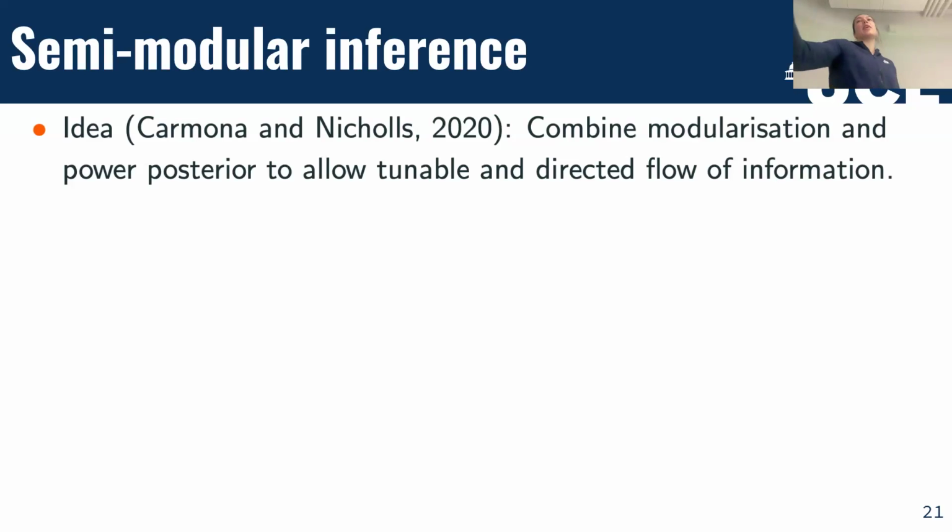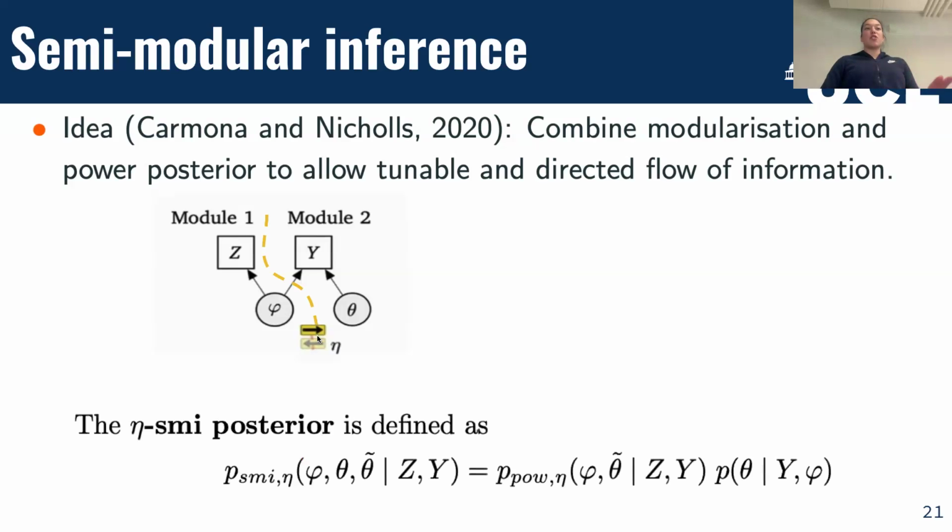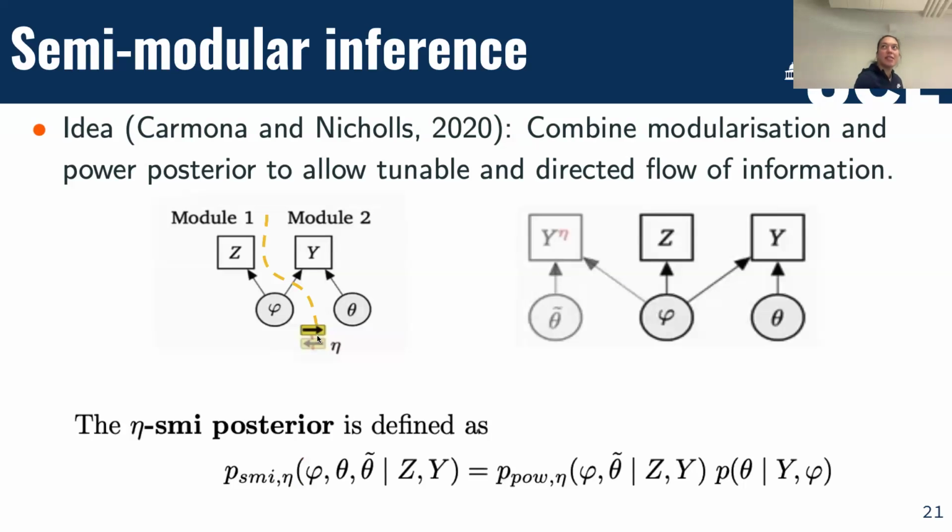When they say modularization, they refer to the cut posterior idea, and the power posterior is to allow tunable and direct flow of information. So we're basically going to say, look, rather than completely cutting the influence, I can regulate this influence here. Just to make much more sense, I'll try to explain it with this graph. Let me know if you have any questions.